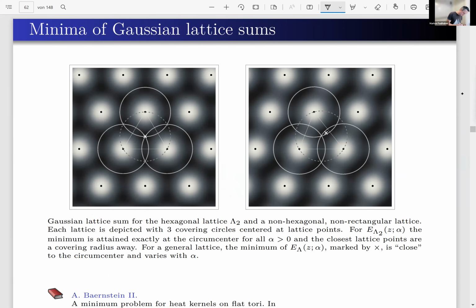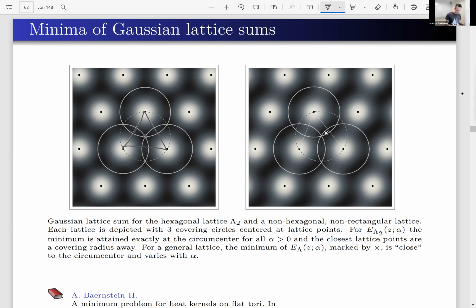which says if you have this hexagonal lattice, then the minimum is attained exactly at the circumcenter of this equilateral triangle. If you take any general lattice, you can also build this triangle, but you see the minimum is clearly off from the point where the circumcenter is. And in general, it also depends on alpha.